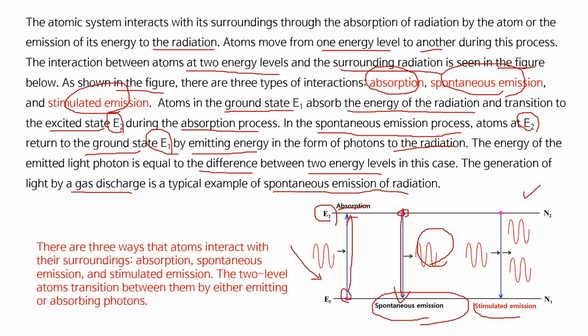In the stimulated emission process, atoms in the excited state absorb energy from the background radiation and move to the ground state by emitting two photons.